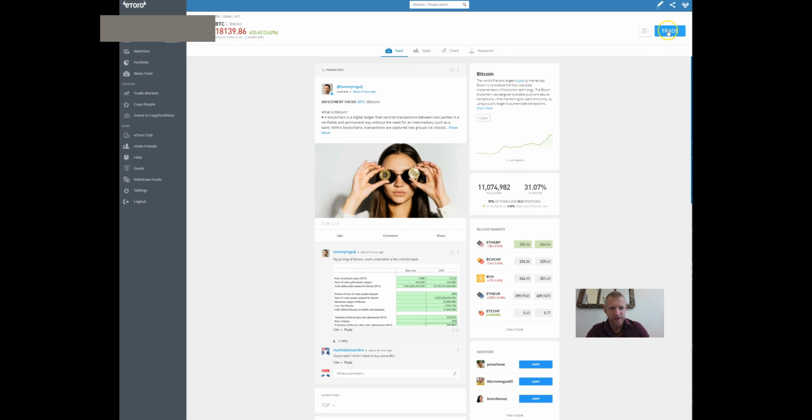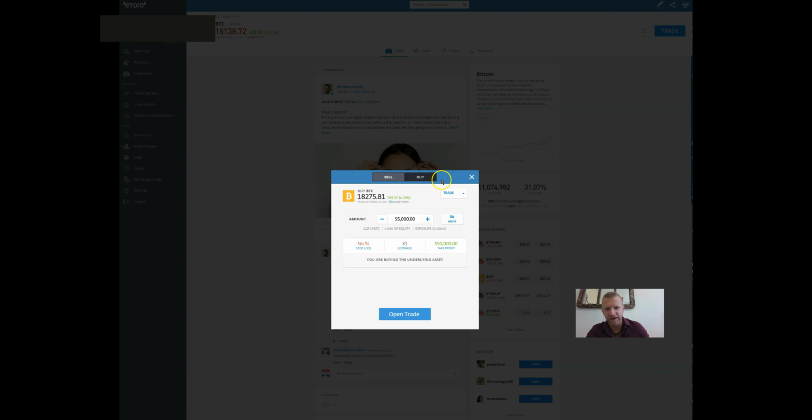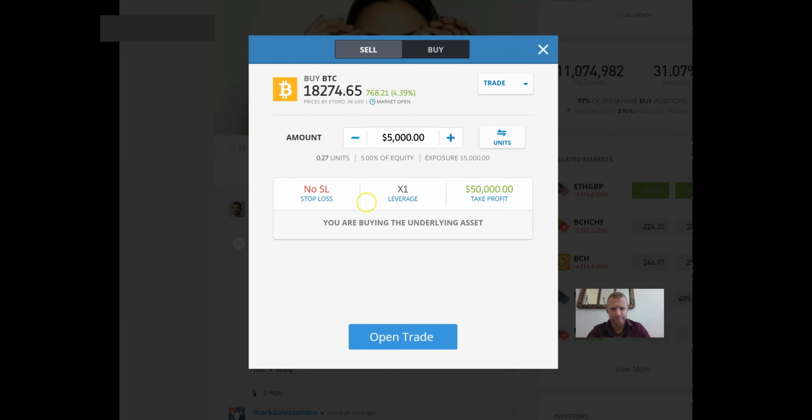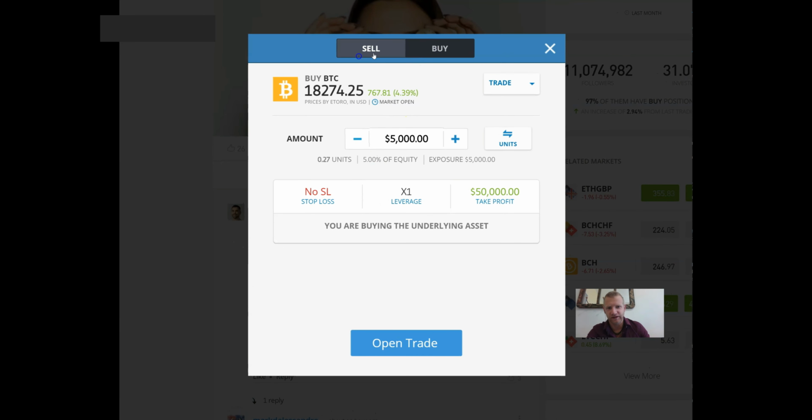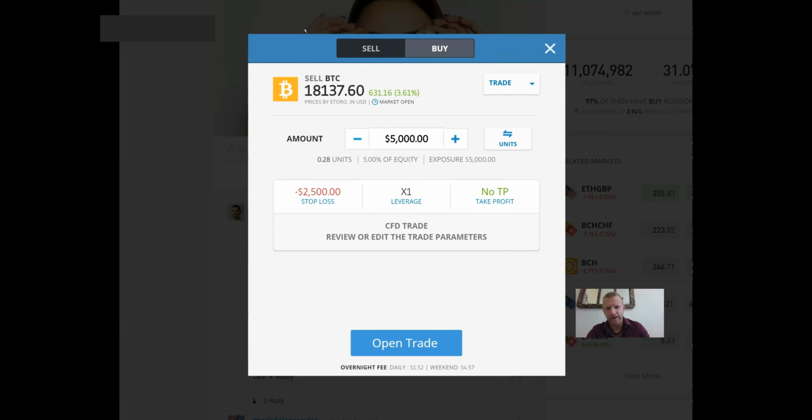Anyway, with eToro, I'm just going to click on trade, and let's zoom in there a little bit. And then you can see sell and buy. eToro is a very convenient platform. It allows you to directly sell it, but then you first sell it and later have to buy it back, as we spoke about earlier in the graph. So here, selling in eToro means shorting.